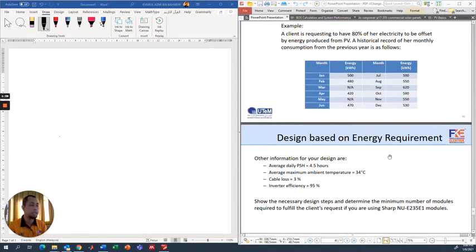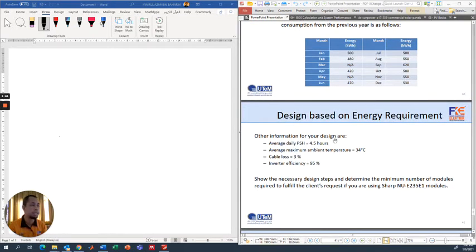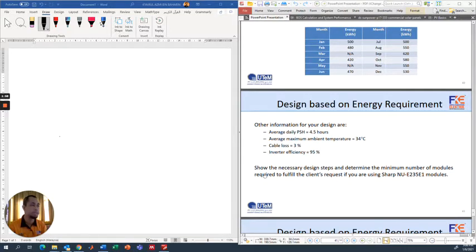And then we also have other information, which is the average daily peak sun hour, which is 4.5 hours, average maximum ambient temperature 34 degrees C, cable loss 3%, and inverter efficiency 95%. So the question asks us to show the necessary design steps and determine the minimum number of modules required to fulfill the client's request.